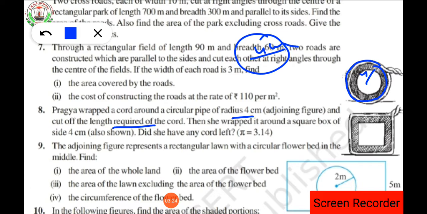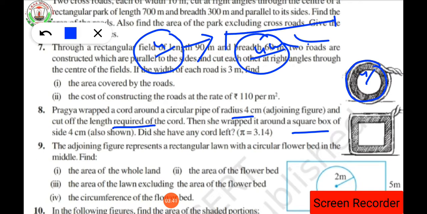Then she wrapped it around a square box. That means suppose she has a circle of radius 4 centimeter, some of the cord of this circle is cut by her, and with this cord she makes a square box of 4 centimeter side. That means 4 centimeter, 4 centimeter, 4 centimeter and 4 centimeter.